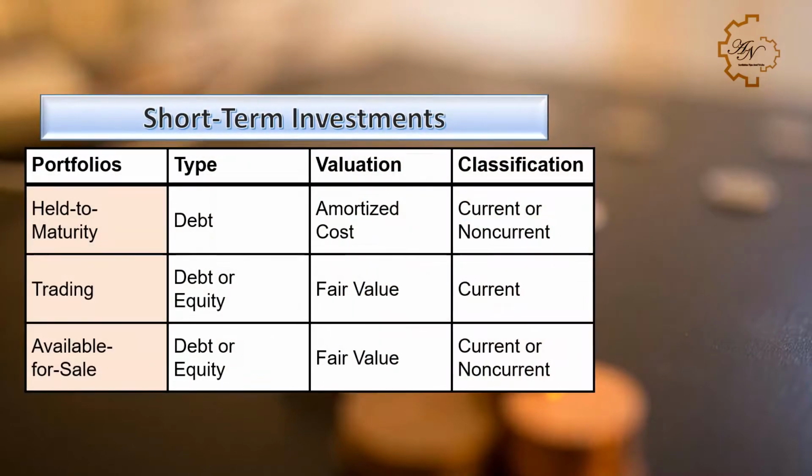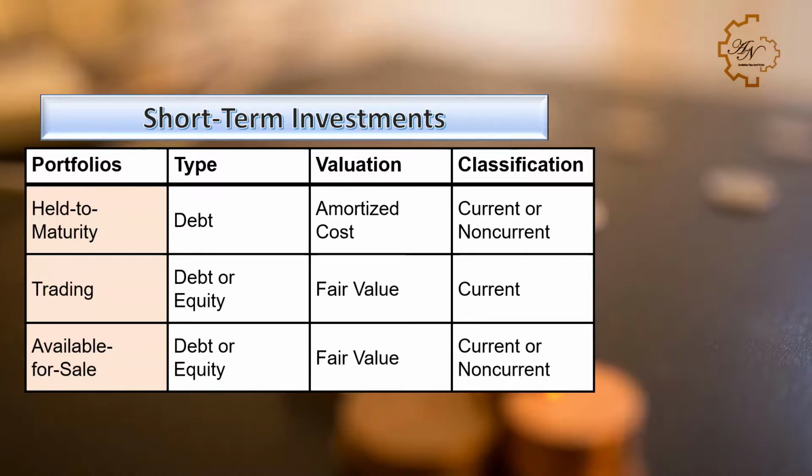Short-term investments. Companies group investments in debt or equity securities into three separate portfolios for valuation and reporting purposes. Held to maturity: debt securities that a company has the positive intent and ability to hold to maturity. It's classified as current or non-current.